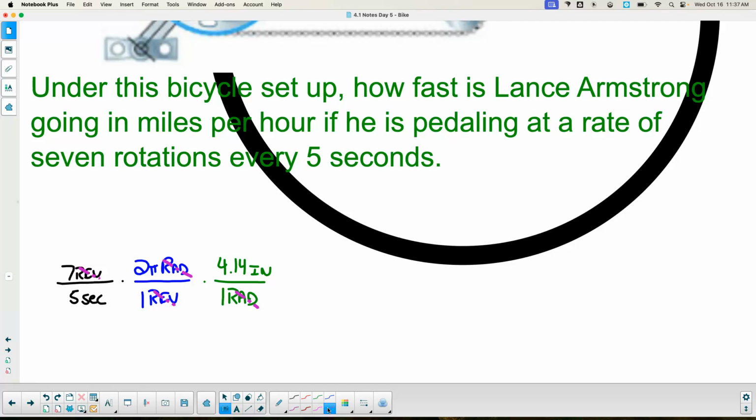The diameter of the wheel is this much. The tire here and that sprocket are spinning at the same speed, angularly, because they're on the same axle.